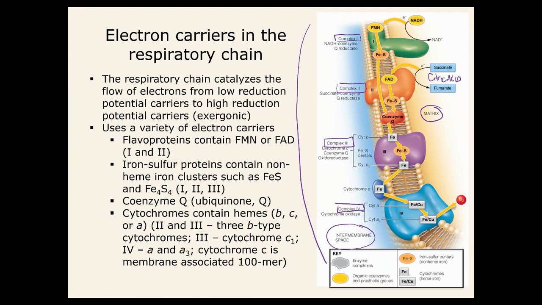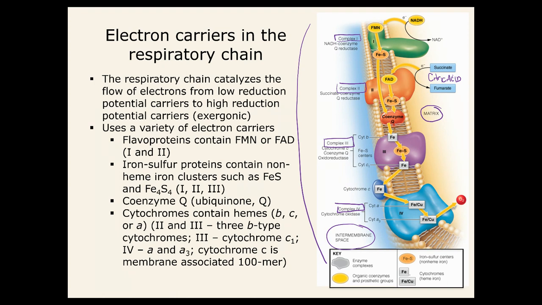Now, what are the key players in all of this? Each of the complexes has some very interesting molecules that are involved in electron transfer redox reactions. And so there's a whole wide variety of electron carriers.